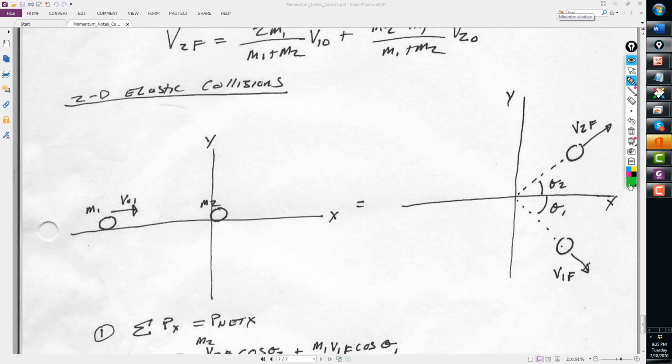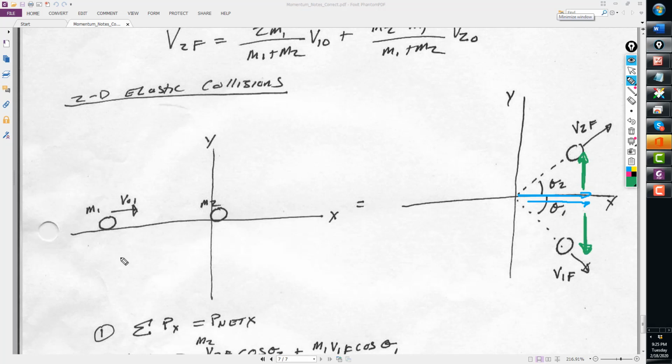Let's change the size of the pen. The blue here is going to be the x, and let's make the green the y. Now, the momentums of the y's should be equal in magnitude. Why should they be equal and opposite?